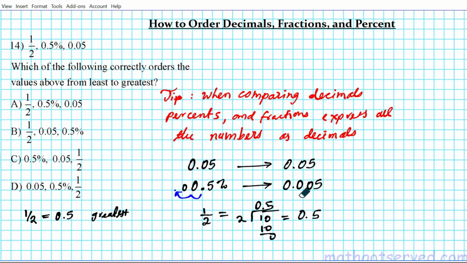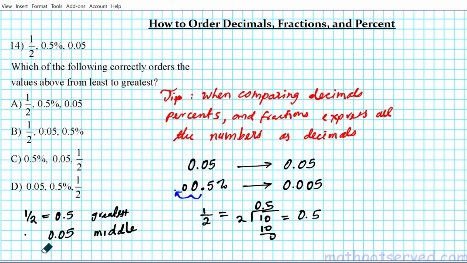Okay, and then for the middle one, you now shift your attention to comparing these two. You look at the hundredths place. This has a 5 in the hundredths place, so we have 0.05. 0.05 is the middle.